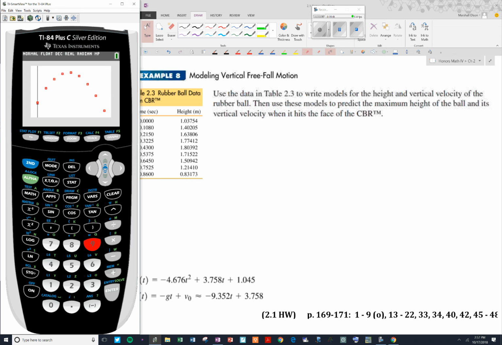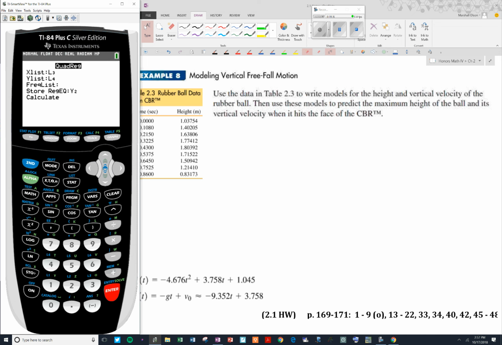So we'll go through and do our regression. Stat, calc, we want number 5 for quadratic regression. Now I'm going to make sure I change mine to L3 and L4. And I'm going to store my regression equation in y sub 2, so it leaves y sub 1 the way it is.